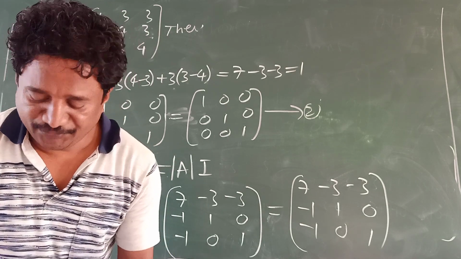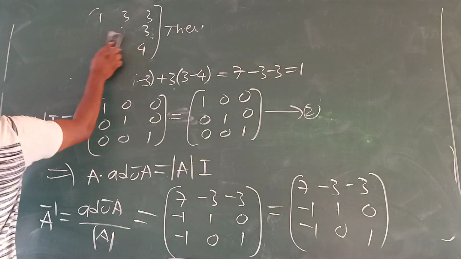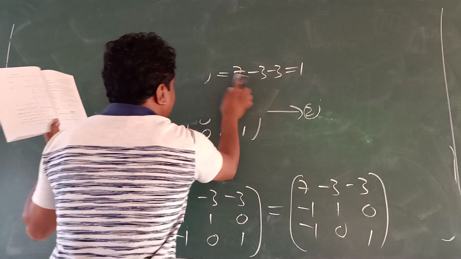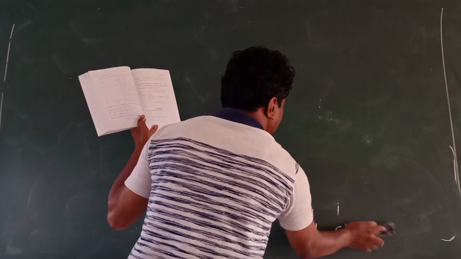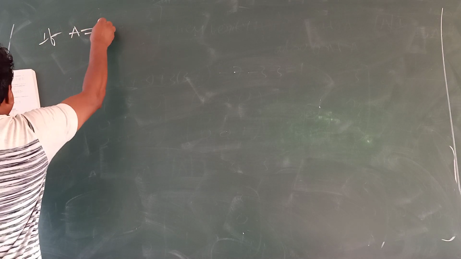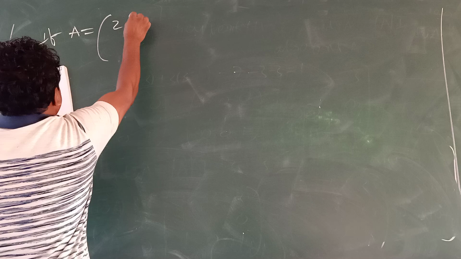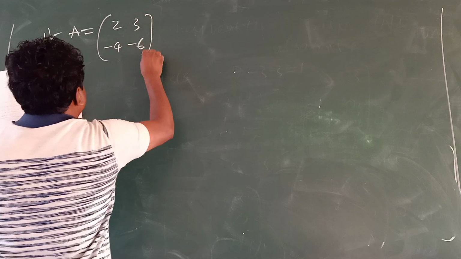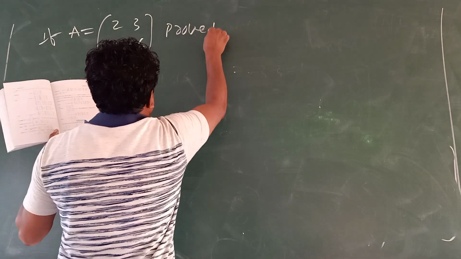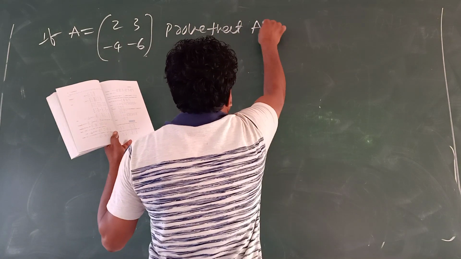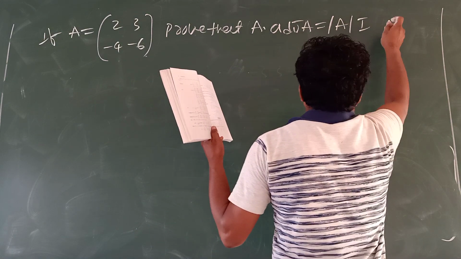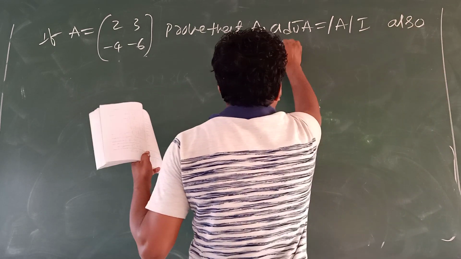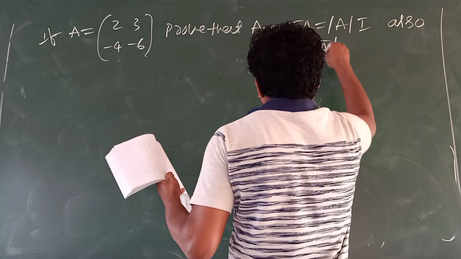If matrix A equals 2 3, minus 4 minus 6, prove that A into adjoint A is equal to det A into I. Also find A inverse.